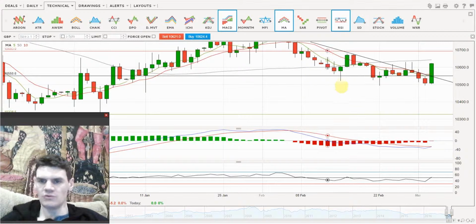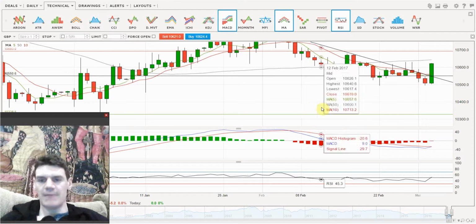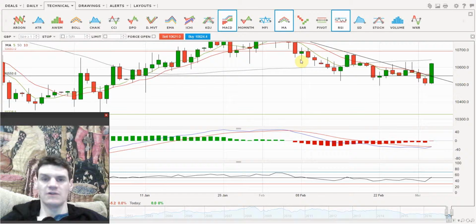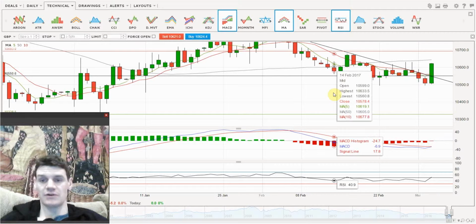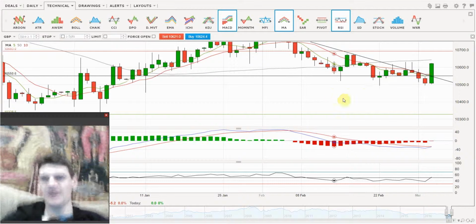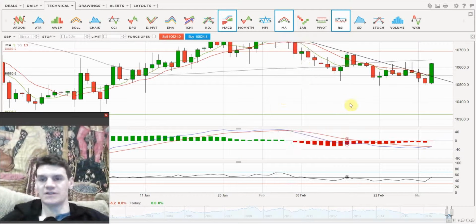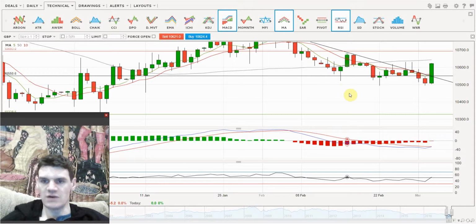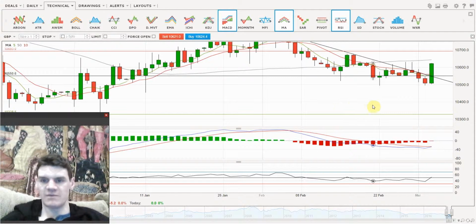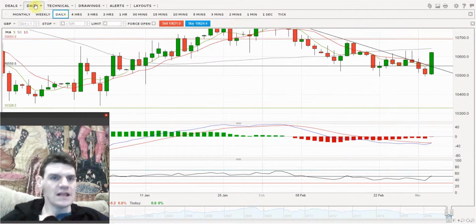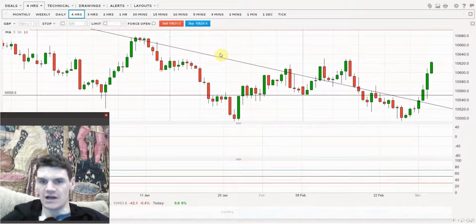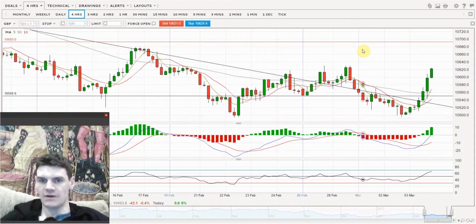So not my normal 2-to-1 risk level, but that's due to the fact that Euro US dollar is normally quite volatile, particularly at the moment with all the news releases and news items that are happening with both currencies and in both countries or Euro area, which is causing extra volatility. So I wanted to move my stop loss level a bit further away just to give myself a bit of breathing room. So let's go down to the 4-hourly chart now, just have a look about what's going on here.